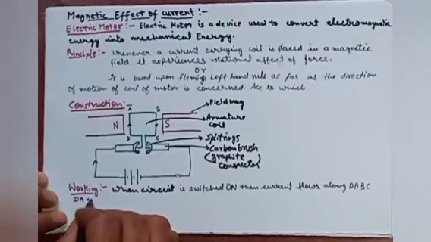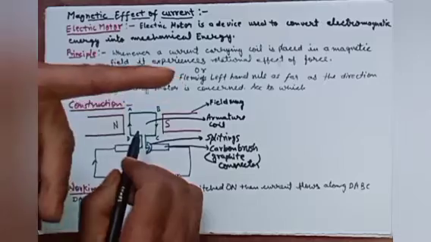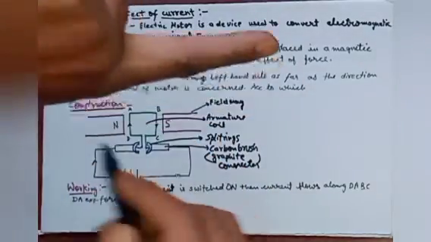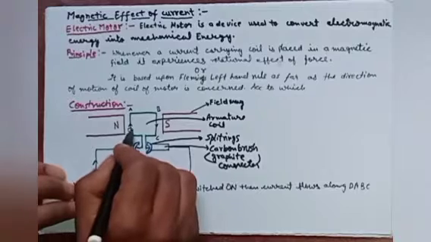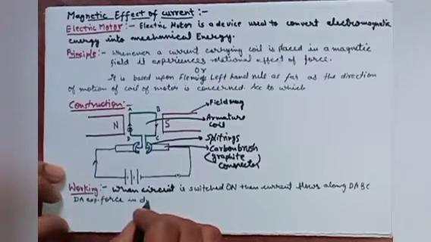DA experiences force, and we know in which direction, downward. You can see current is going up, magnetic field this way, force going downward, so it experiences force in downward direction.